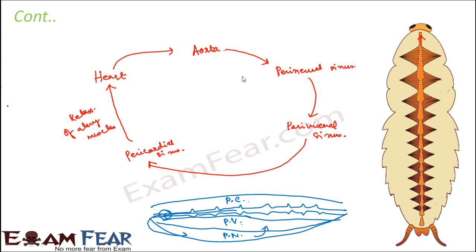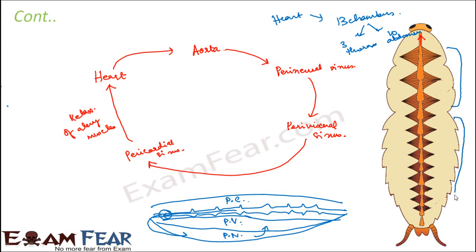So basically we can say that a cockroach heart is located in 13 chambers, 3 in the thorax, whereas the remaining 10 chambers are in the abdomen. Right? So this was all about the circulatory system of the cockroach.